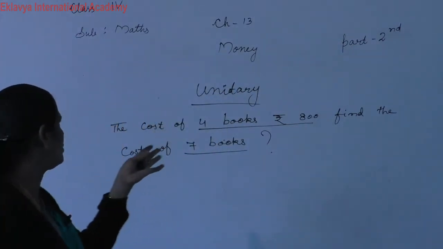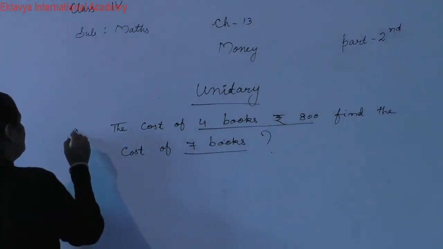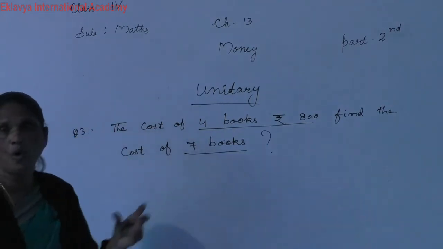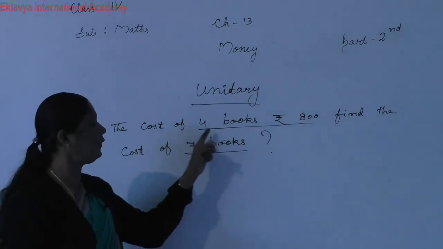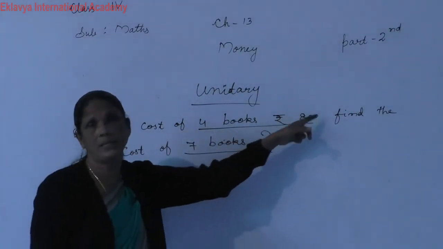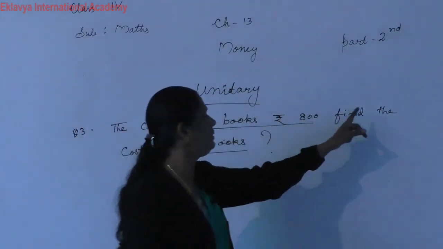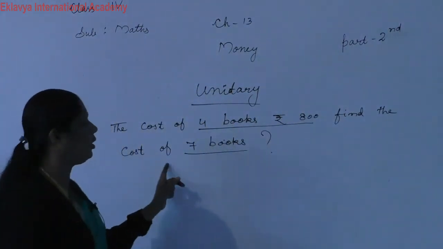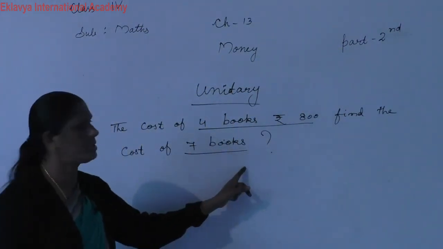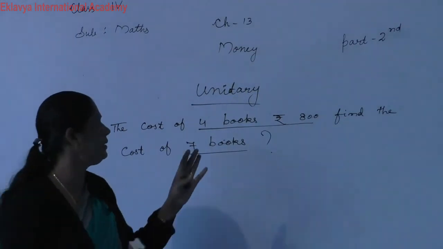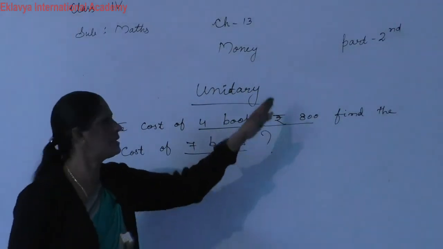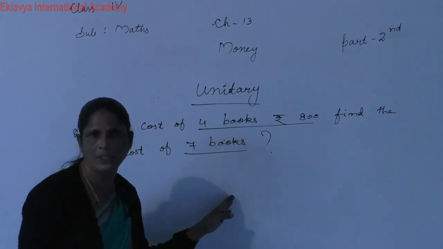Now the third question. There are 2 operations here. The cost of 4 books is rupees 800. Find the cost of 7 books. First division, second multiplication.